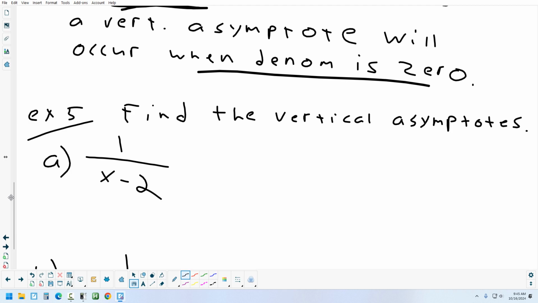And can you give it to me as an equation? x minus 2? I'm looking for an equation that, if you said graph this, I would graph a vertical line at 2. Yep, x equals 2. So that's the equation of the vertical asymptote.